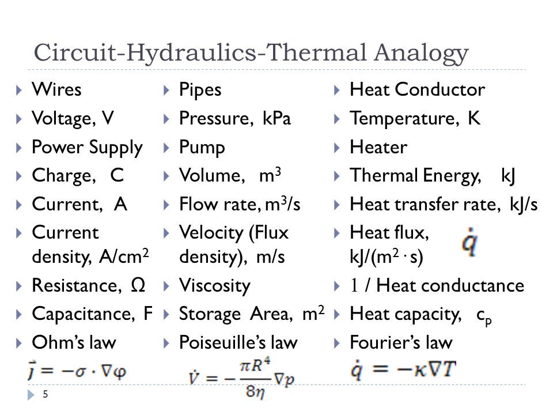If you have a wire, you have something called the current density, which is amps per centimeter squared, where centimeter squared is the cross-sectional area of the wire. You have resistance, and the inverse of resistance is related to the electrical conductivity. And then you can also have a storage, which is related to the capacitance.